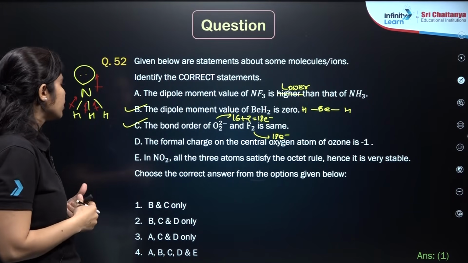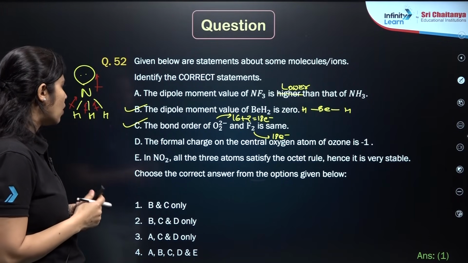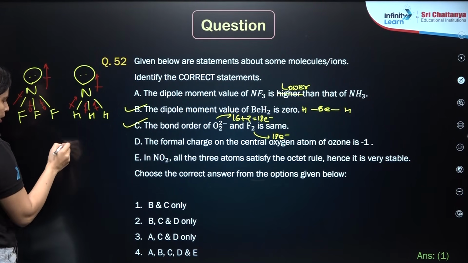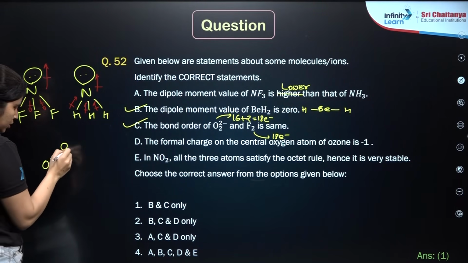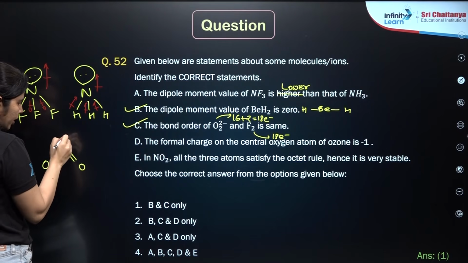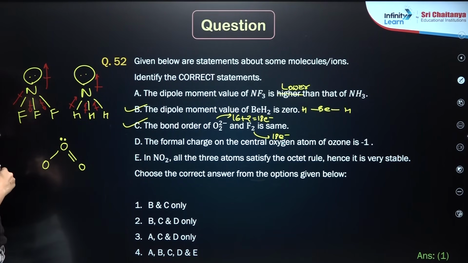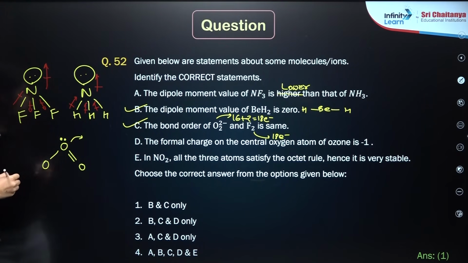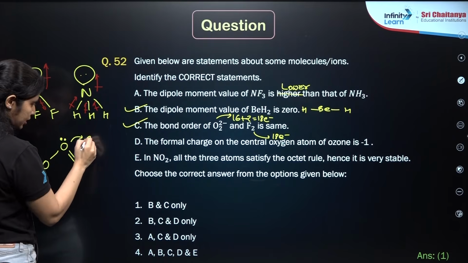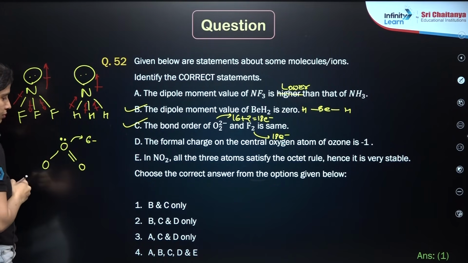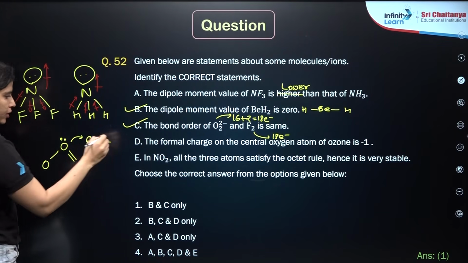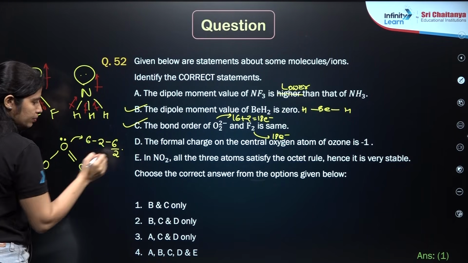The formal charge on the central oxygen atom of ozone is -1. When you calculate the formal charge over here, there is a double bond oxygen, and there is one lone pair of electrons present on the oxygen in the middle. Let's calculate the formal charge. How do we calculate formal charge? First is valency, which is 6, minus lone pair electrons, which is 2, minus the number of bonding electrons, which is 6, divided by 2.